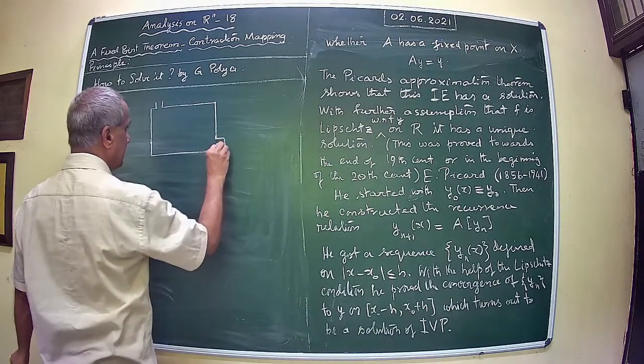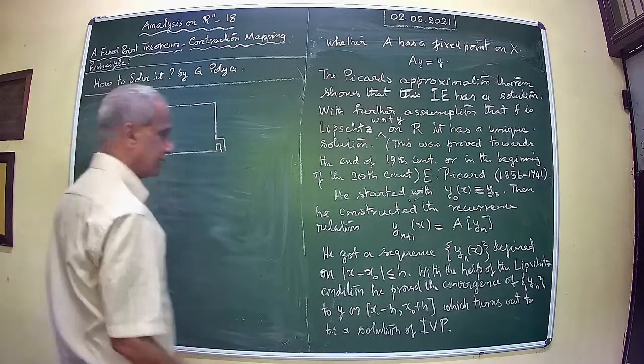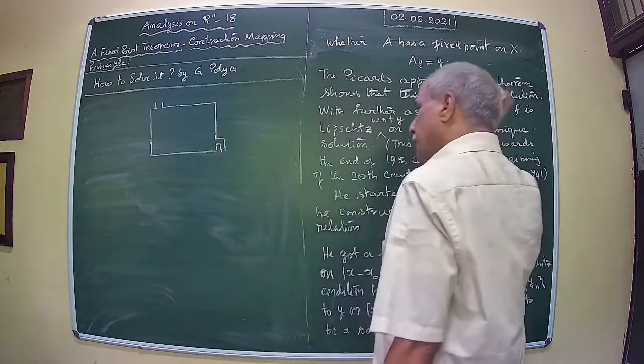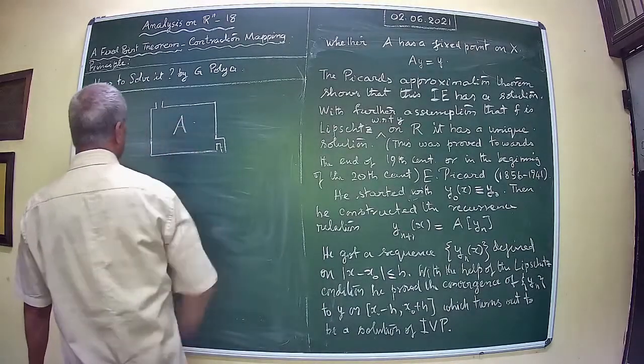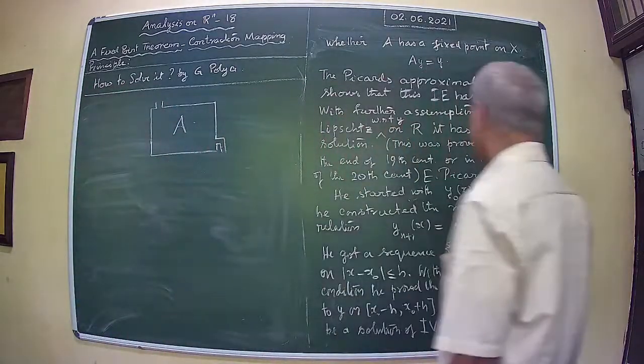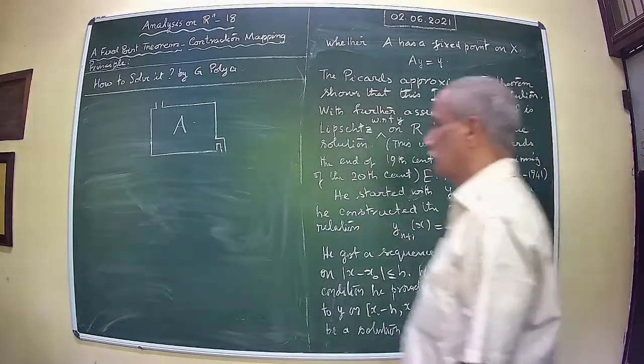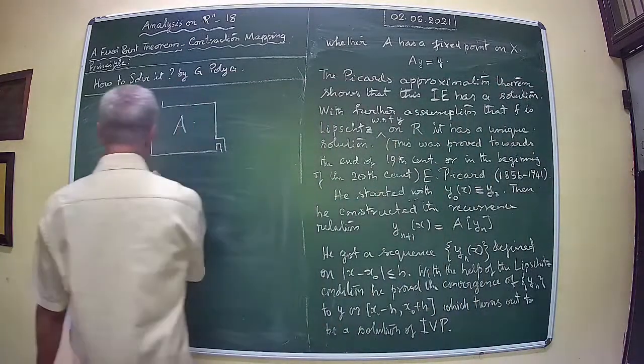You have a machine constructed. Now, what is a machine? This is the A operation. A operation is what? You have, see, this is Ay.